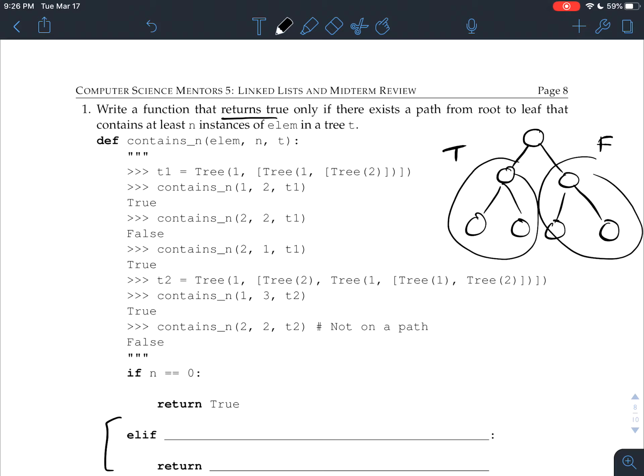So if we see that our several branches some return true and some return false, what do we care about? Well, we care about the fact that there's at least one true amongst all the answers. Because this whole question is, does there exist a path? Now, sure, for 9 out of the 10 branches, the answer might be a false, and we ignore those branches.